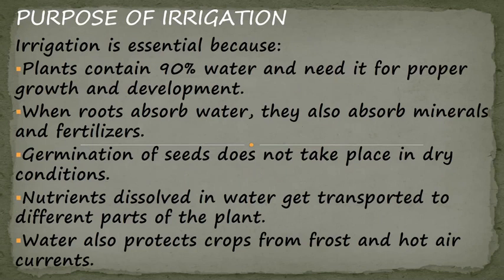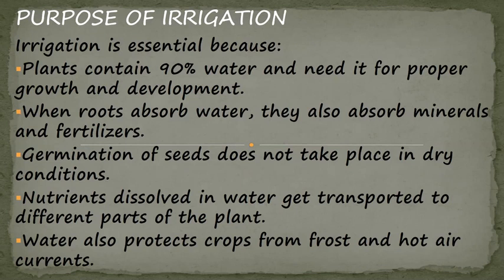What is the purpose of irrigation? As I already told you, irrigation is an essential practice for agriculture. Plants contain 90% water and need it for proper growth and development. When roots absorb water, they also absorb the minerals and fertilizers dissolved in it.